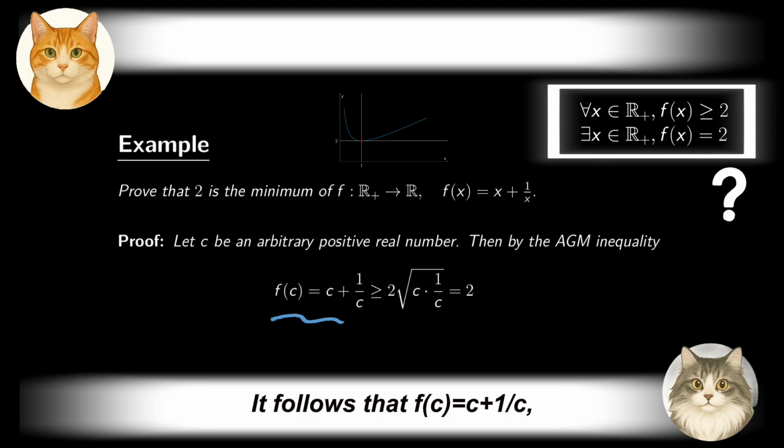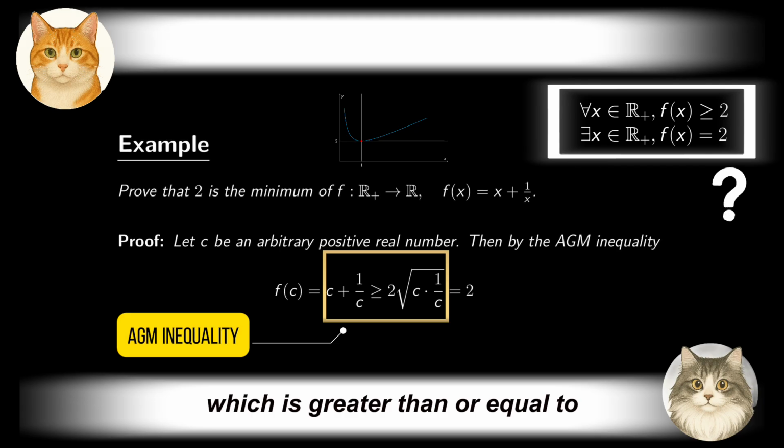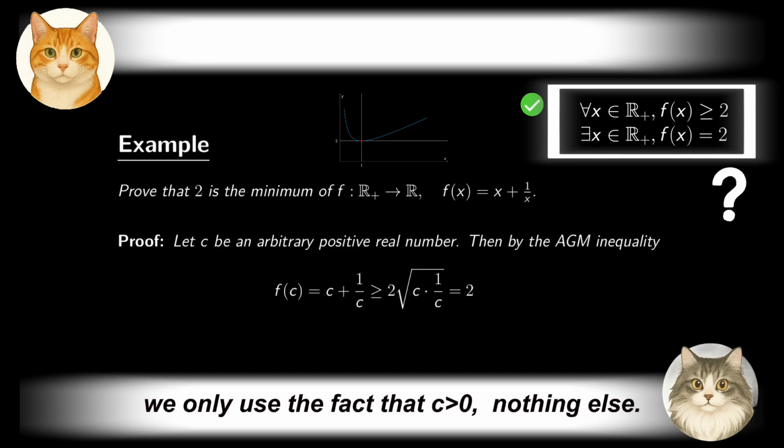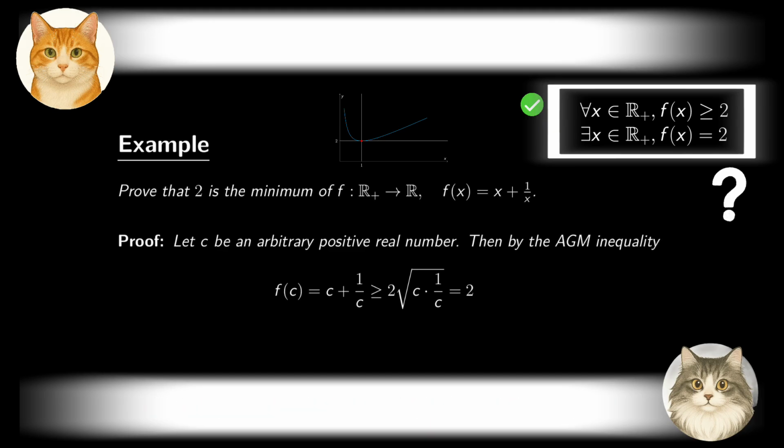It follows that f(c) is equal to c plus 1 over c, which is greater than or equal to twice the square root of c multiplying 1 over c, as the arithmetic mean dominates the geometric mean. The latter is precisely 1. We can now deduce by the rule of universal generalization that for all positive real numbers x, f(x) is greater than or equal to 2. Note how, in the estimate of f(c), we only use the fact that c is positive, nothing else. This arbitrary choice is essential for the application of the rule of universal generalization.